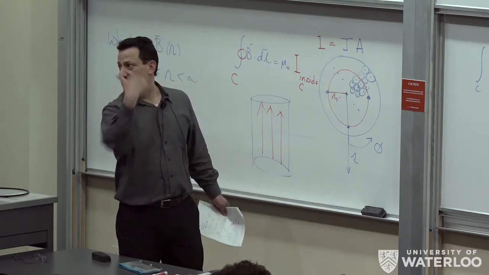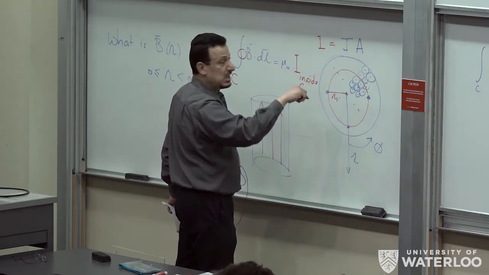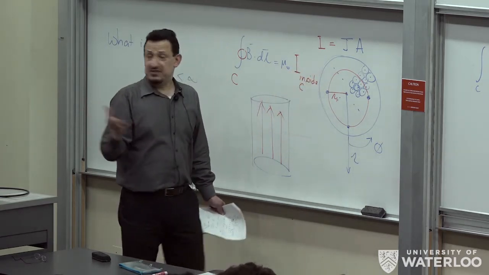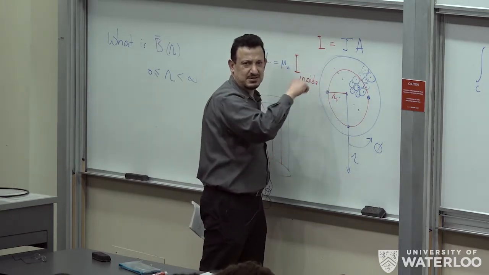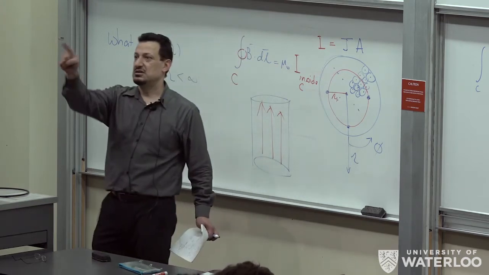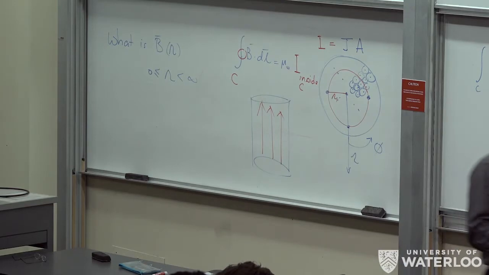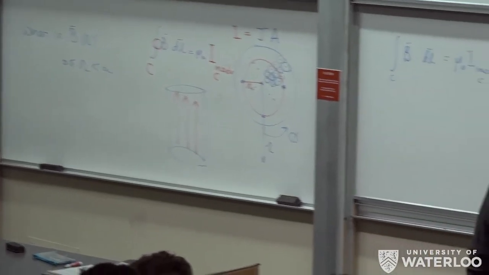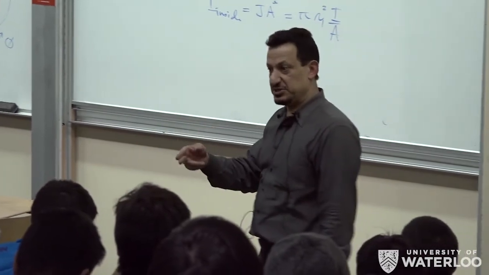The fingers will be pointing in the direction of B. So definitely it has to be somewhere in that direction, right? Because of symmetry, it has to be in the phi direction. Is that the only way to see symmetry? No, I can show it in a different way. But this is an argument based on symmetry.